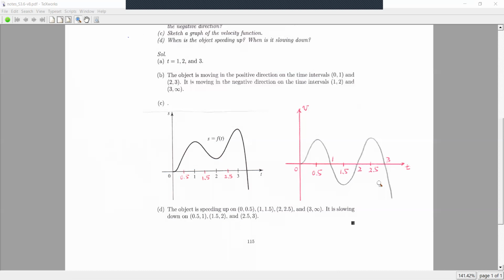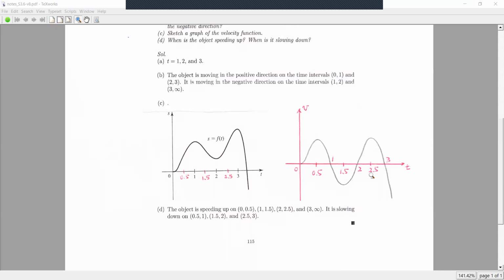When we take absolute value on this piece of the graph, this piece is decreasing. So over this time interval, speed is decreasing. Therefore, the object is slowing down and is moving in the negative direction because velocity is negative.